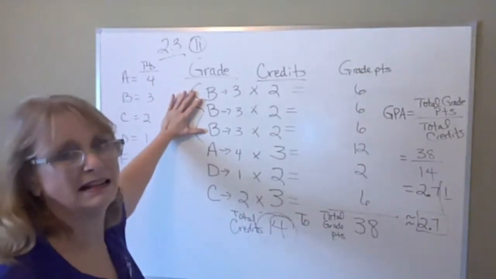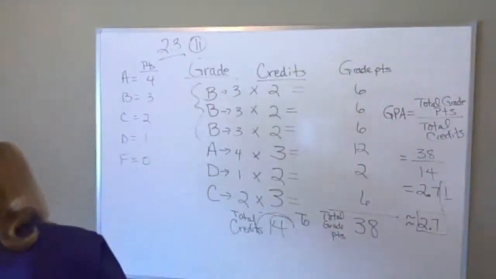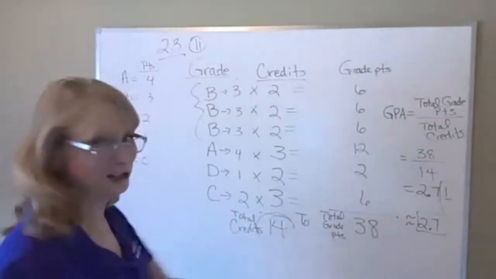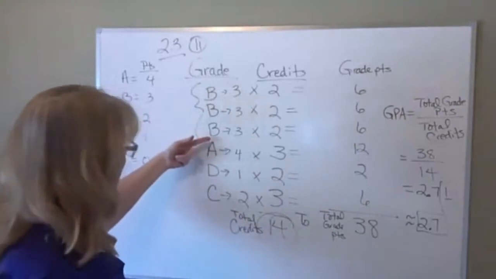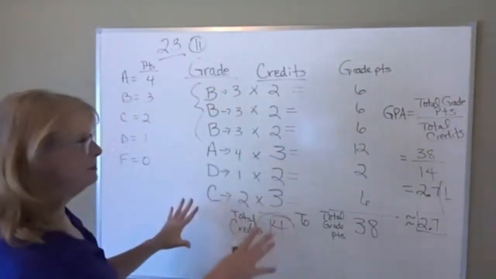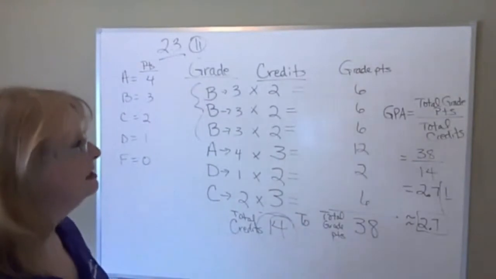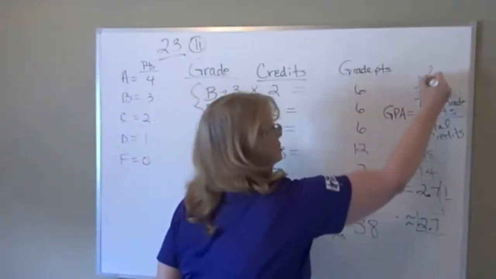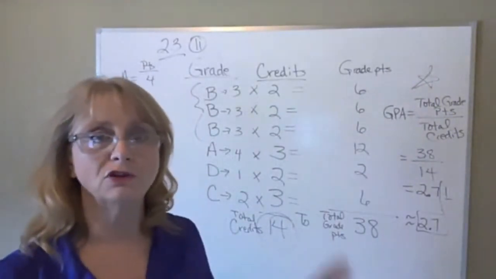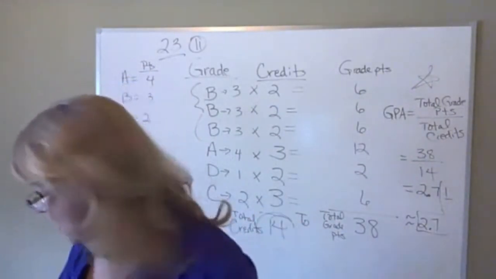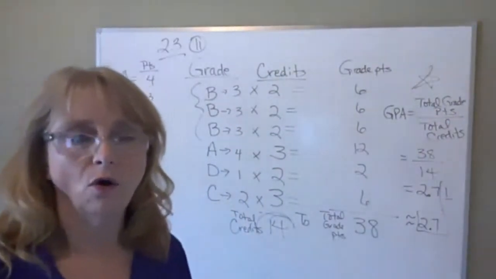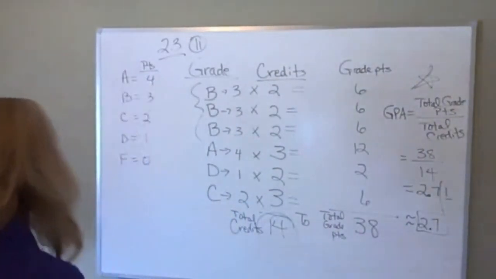You have to count how many classes they have. So on mine it said a B and 3 2-credit classes. That's 3 Bs that are each worth 2 credits. So I'm going to leave this up here so you guys can try to follow it. And then here's our calculation over here on the right. I'm going to leave that up there for a while so you guys can take a few minutes to work on that.